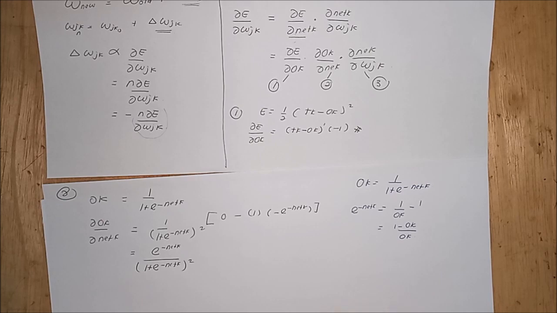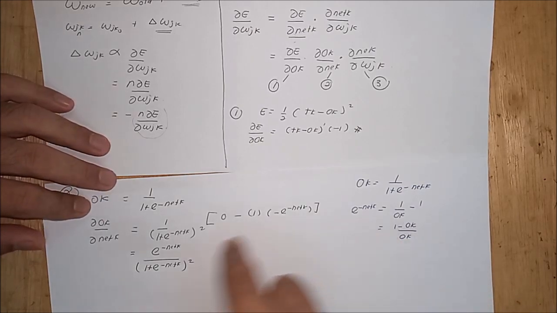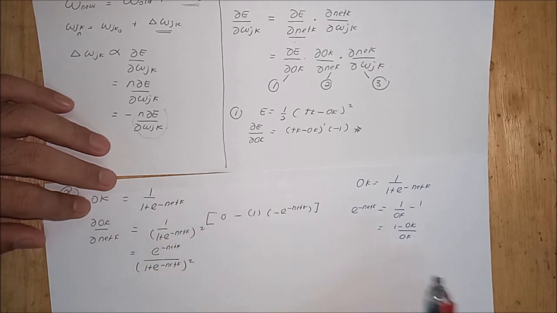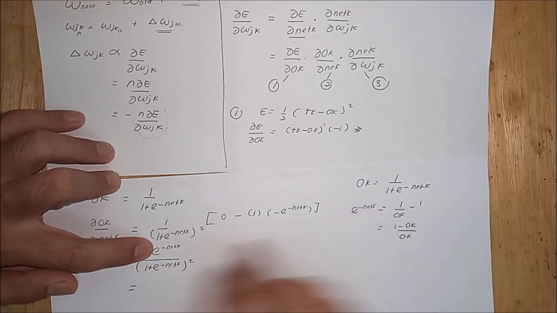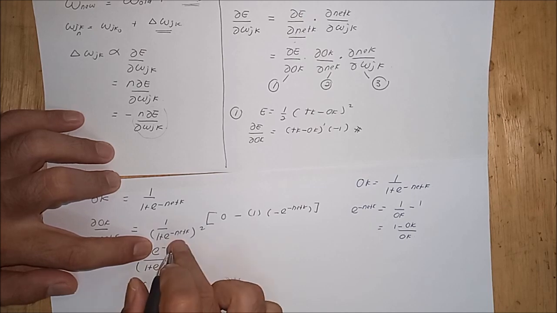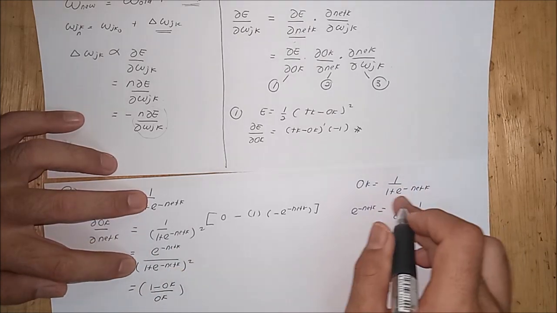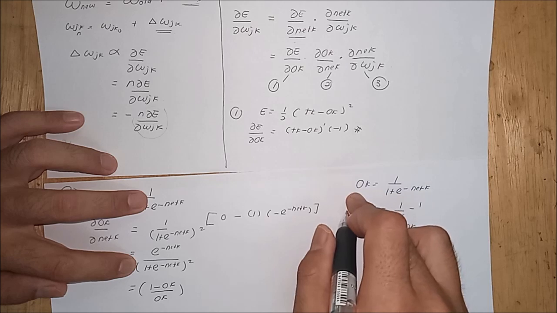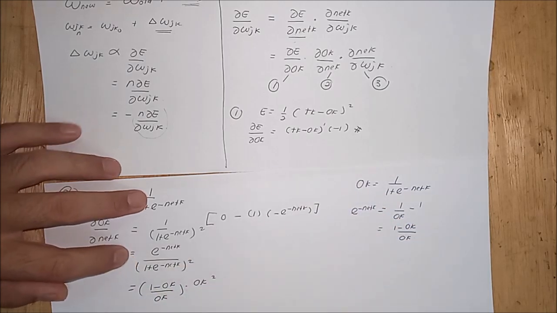So we can plug in this part to this particular equation. In this case, we take e to the minus net k equal to (1 minus ok) over ok. So we are settling the top part. For the bottom part, 1 plus e to the minus net k equals 1 over ok, so it will be equal to 1 over ok squared.